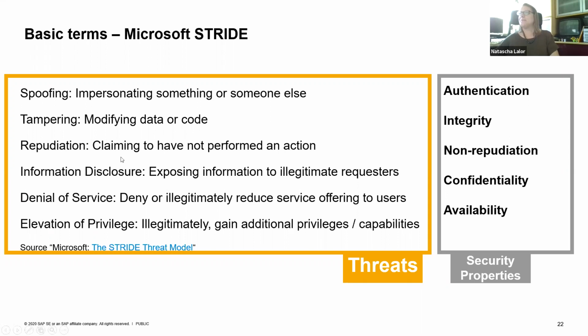Repudiation is claiming that you have performed, or rather not performed, an action. Information disclosure is, of course, the confidentiality. And denial of service is what you have with any kind of web attacks, usually the DoS attacks, so that would be the availability. And elevation of privileges is the authorization, so someone gains more access than they possibly should have.